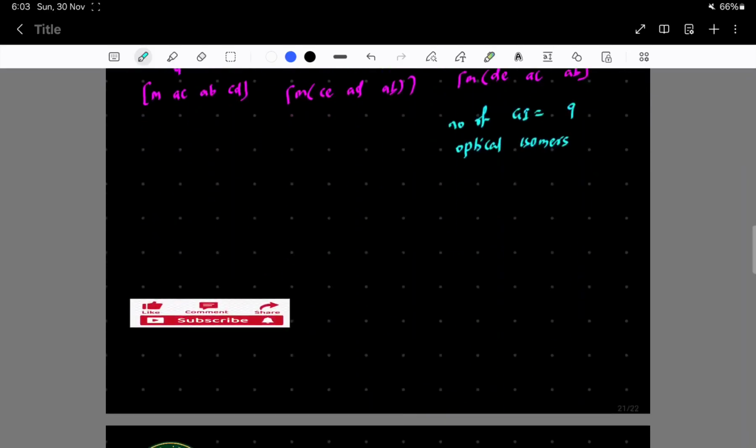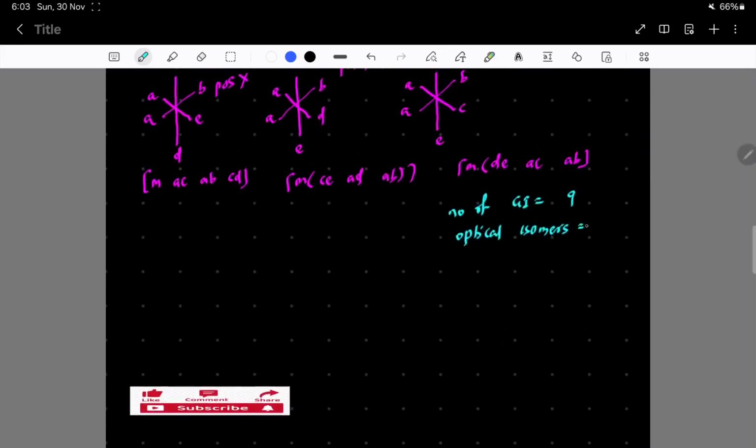The total number of optical isomers is 6 into 2, that is 12. But usually we will take enantiomeric pairs only, because one geometrical isomer is already repeating, so that's why the enantiomeric pairs, I hope my point is very clear, student, is equal to 6 only.